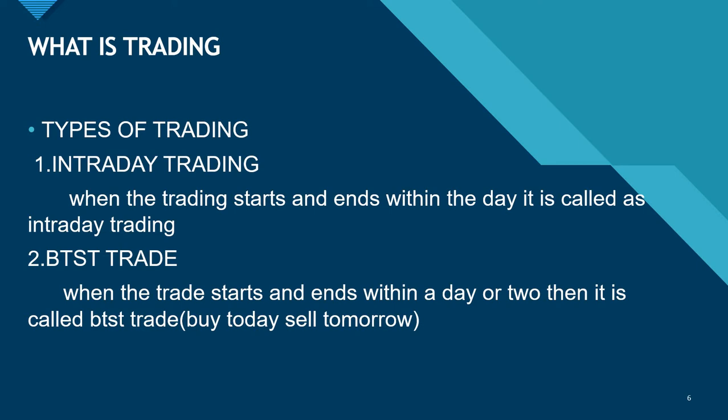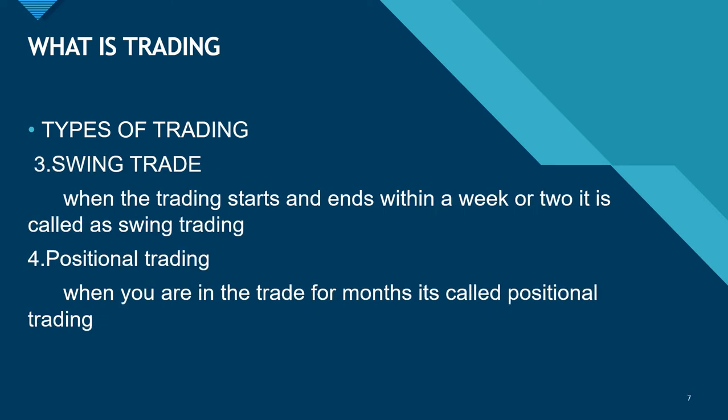That is a BTST trade. Third one is swing trade. Swing trades may happen within a week or two. Then comes the positional. Positional trade is nothing but a trade which you hold for a long period of time, say about 3 or 4 months, maybe up to a year. That is called positional trading.